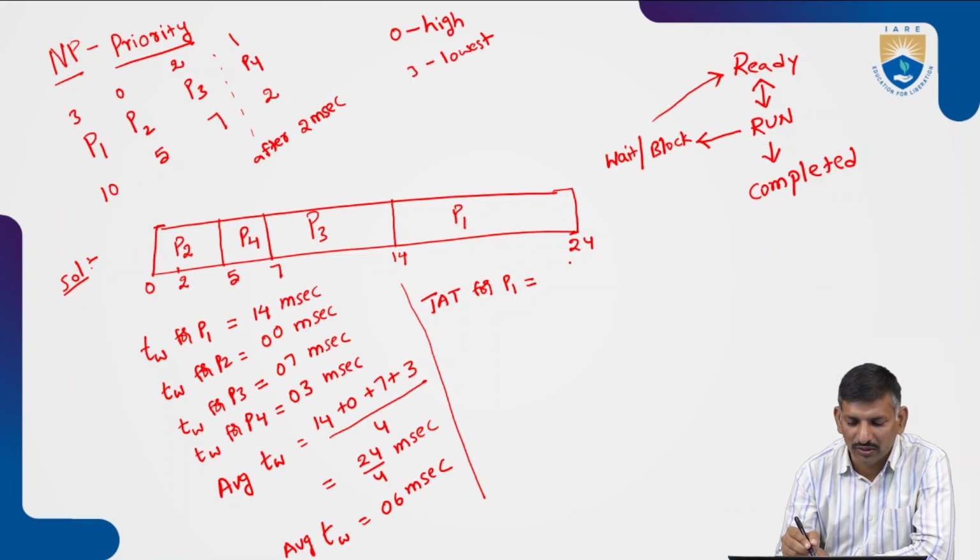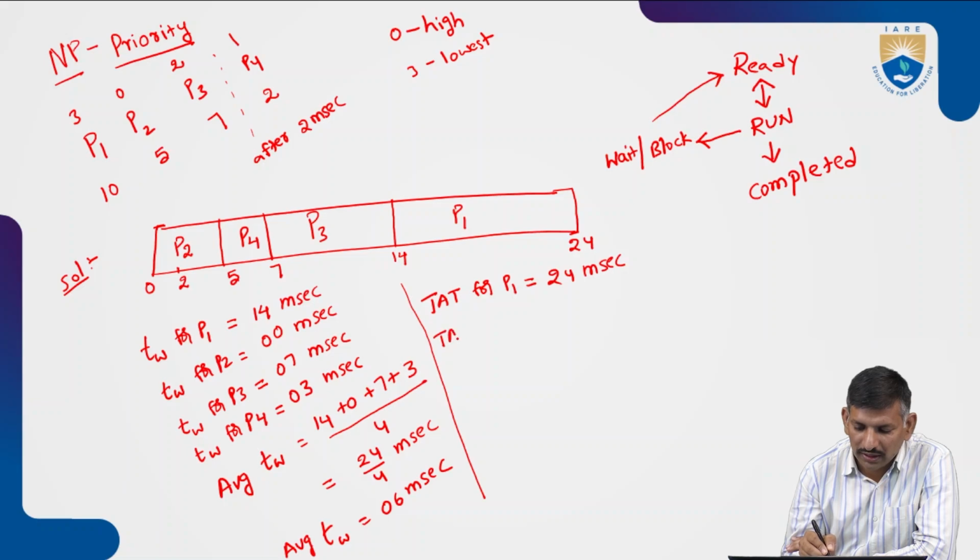So the total turnaround time for process P1 is 24 milliseconds. Similarly, for process P2: P2 entered into the ready state at the time of 0. Its execution is completed at the 5th millisecond. So the turnaround time is 5 milliseconds.